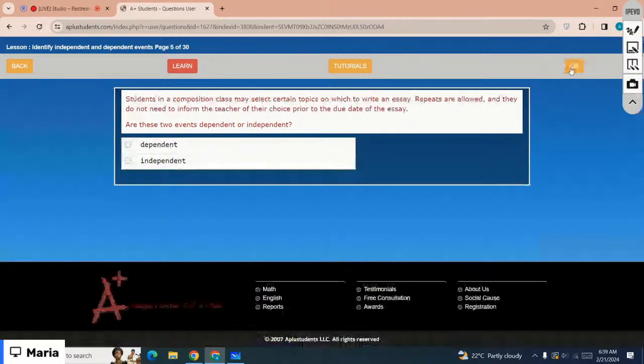The next one: students in a composition class may select certain topics on which to write an essay. Repeats are allowed and they do not need to inform the teacher of their choice prior to the due date of the essay.